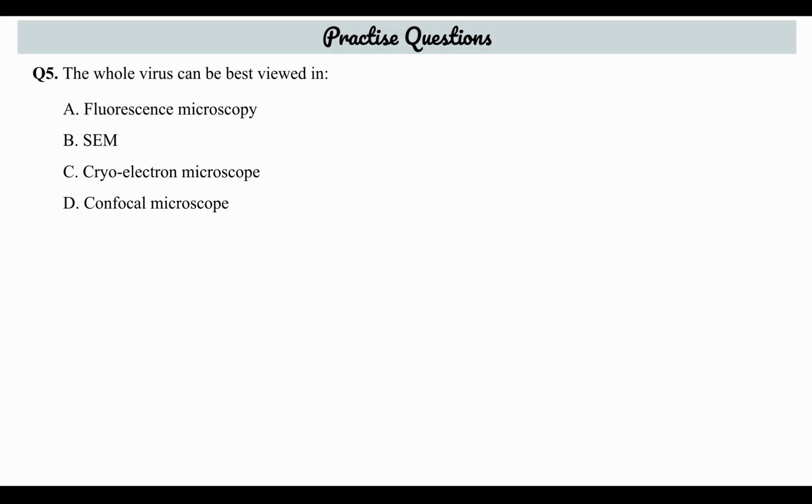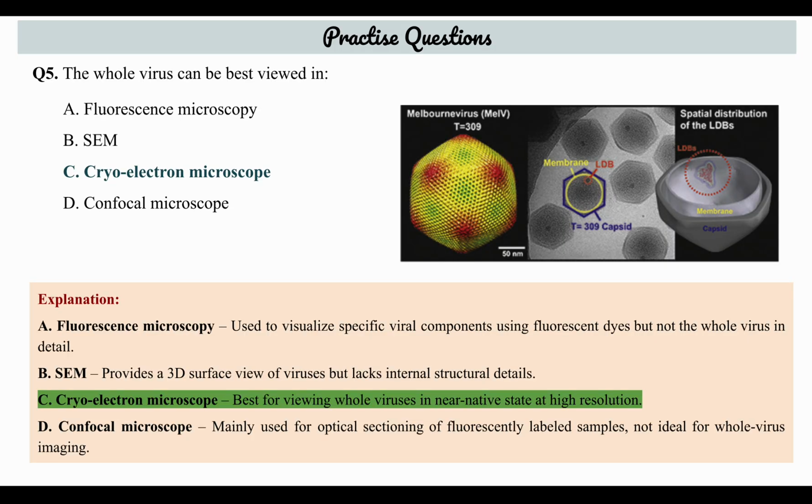Okay, so now let's see the right answer. The right answer is option C, which is cryo-electron microscope. Now let's look one by one into each option and then we'll discuss.